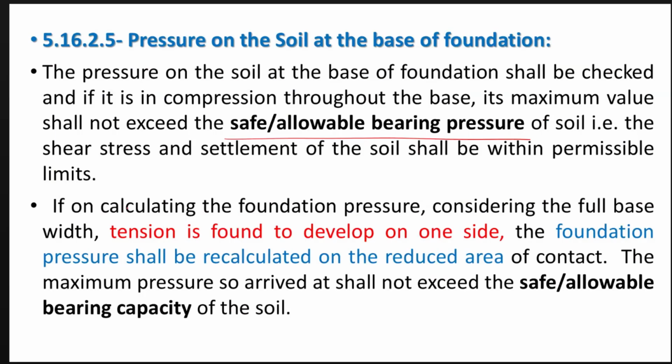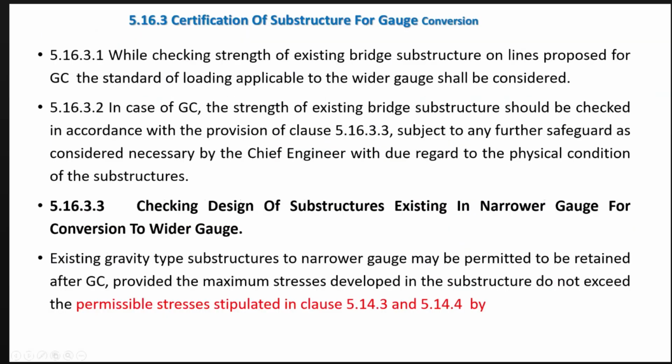Here again, if tension is found to develop on one side, the foundation pressure should be recalculated on the reduced area of contact. Similarly, the redistributed and equivalent compression has to be calculated. The maximum pressure so allowed shall not exceed the safe allowable bearing capacity of the soil. And these are the stipulations given for the substructure code.